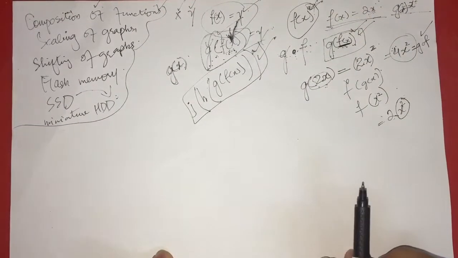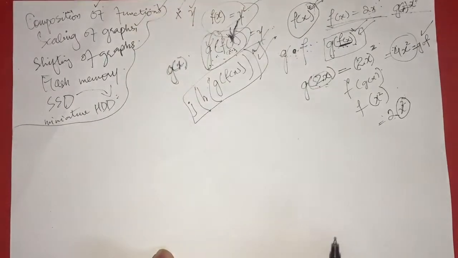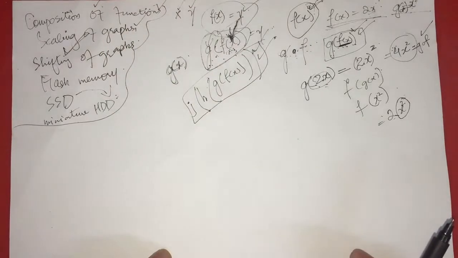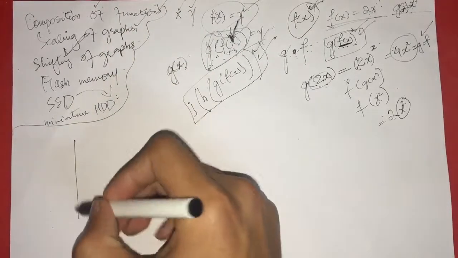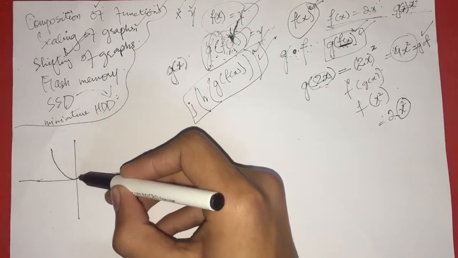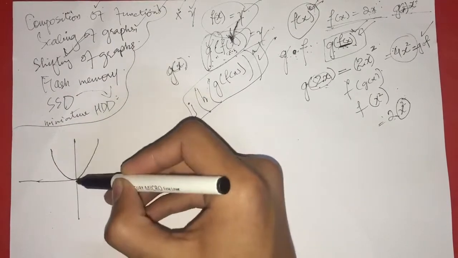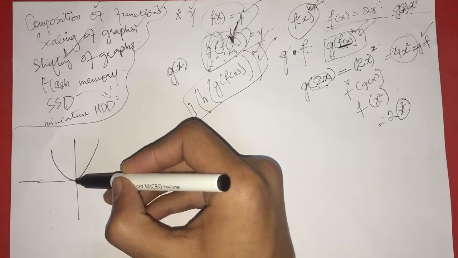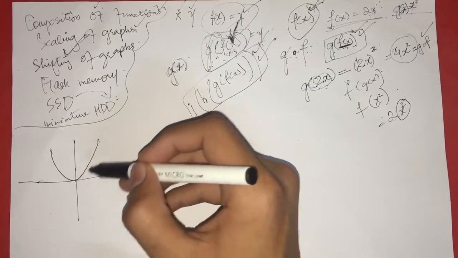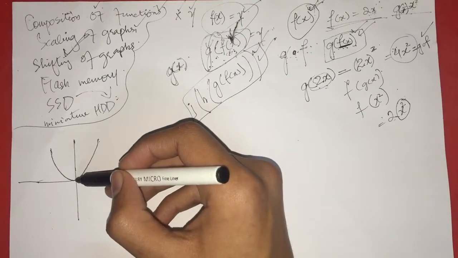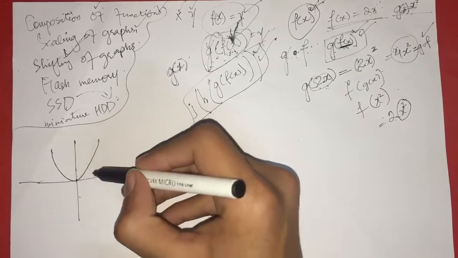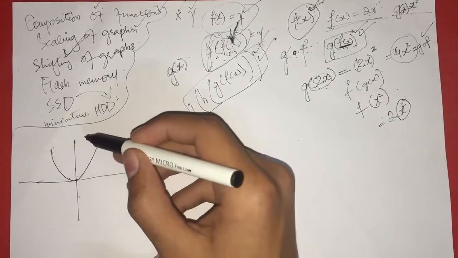Now let's discuss what is scaling of graphs and shifting. So let's first discuss what is shifting. Shifting of graph, for example, there's a graph of y equals x squared and it's like this, but you want to shift this graph vertically up or down, or you want to shift this graph to the right or to the left for whatever reason.